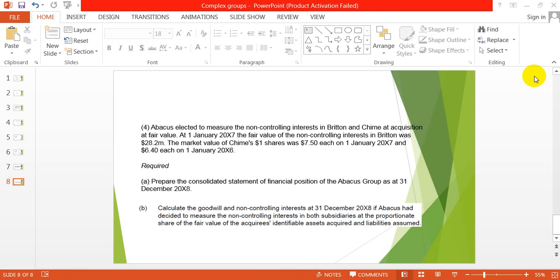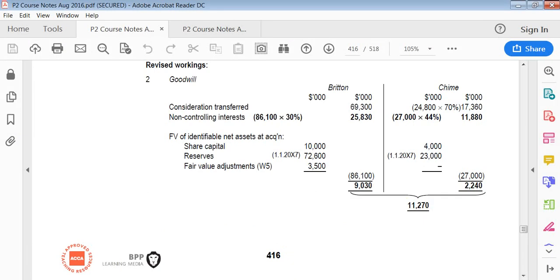What the question is asking you is to compute the goodwill attributable only to the parent. In this case, we'll take the consideration for the parent. We'll start with Britain, 69,300.